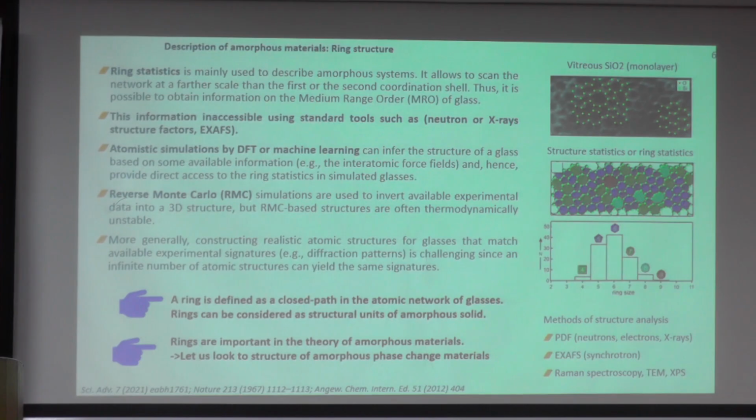And this is one feature of amorphous solids. They build like a ring, and many amorphous solids are described by rings and by ring statistics. So you can make statistics of that, and you can see what type of ring size you have. The six-fold rings, 4, 5, and whatever.